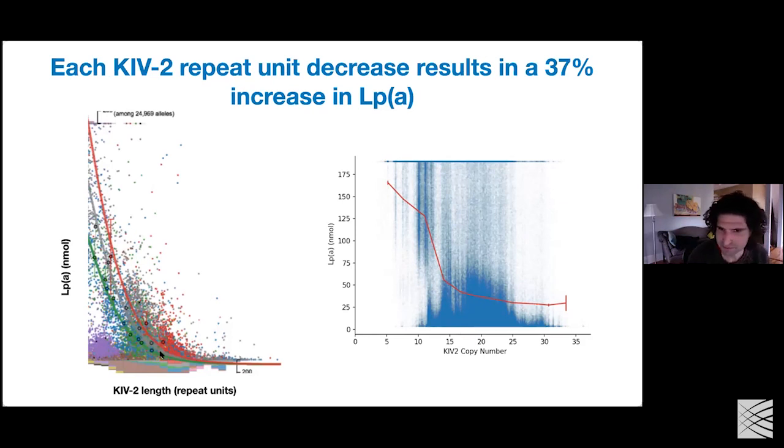So in this figure, the haplotypes containing no LPA modifying variants are in gray, and those carrying a small effect variant are in green, blue, or red. The large data points represent phenotypic means for alleles binned by KIV2 length and carrier status for the red, blue, and green variants. And the exponential relationship is really consistent across these variants, with the green, blue, and red variants contributing an additional multiplicative factor.